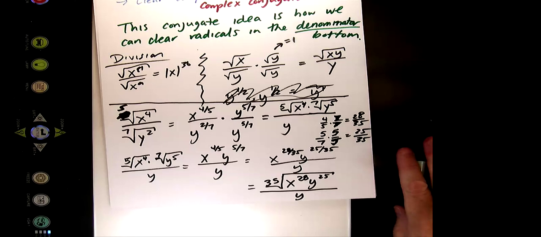I don't plan on doing anything like that on the test. I don't know if the homework has anything like that. That is how you combine radical stuff that have different indexes.